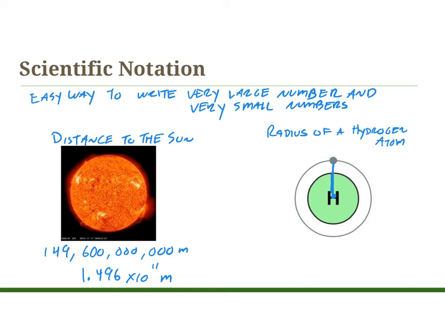If I was to write this out, scientists would say that we've measured the radius of an atom to be something like this. That's an incredibly tiny number, so scientists would write it using scientific notation like this. It's a much easier number to write with.